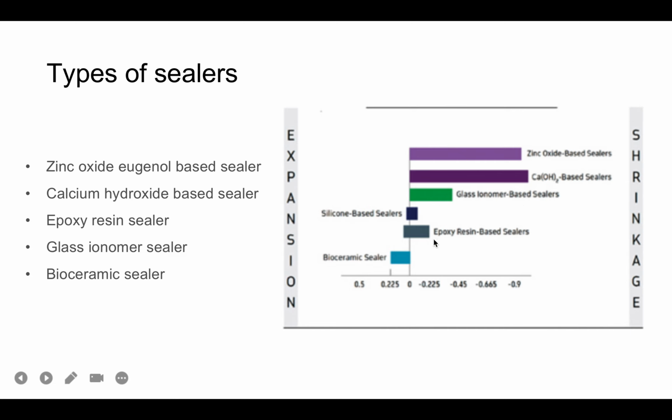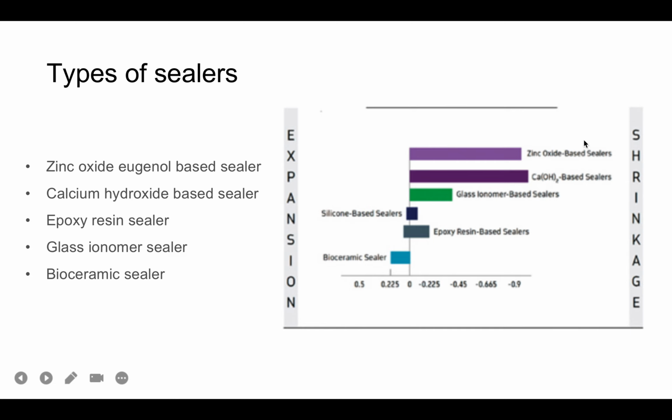Most of the sealers are going to be affected by shrinkage after setting, which is a major drawback for most sealers. The exception is the bioceramic sealers, the only sealers that exhibit an expansion rather than a shrinkage, which is the major quality of these bioceramic sealers.